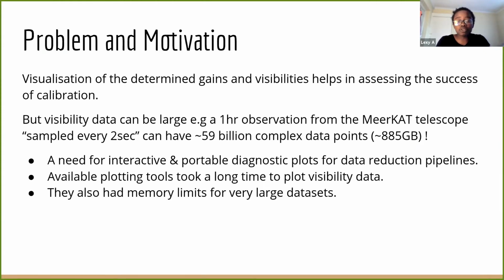And the way we do that usually is by visualizing, by plotting the gains. We plot the calibration solutions before they apply to the corrupted visibilities. We also plot the corrupted visibilities before the gains are applied to them and afterwards, to see the effect of those solutions, if they are acceptable and if they do bring corrupted visibilities to an acceptable value.